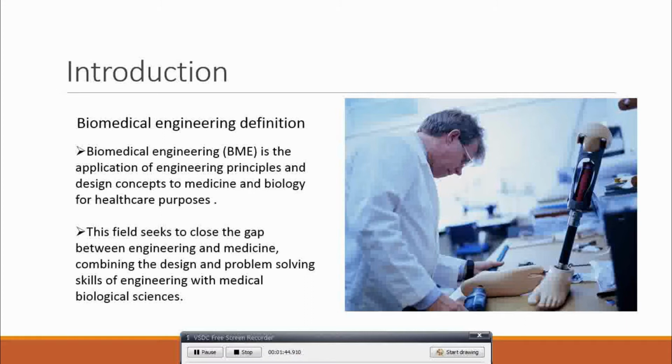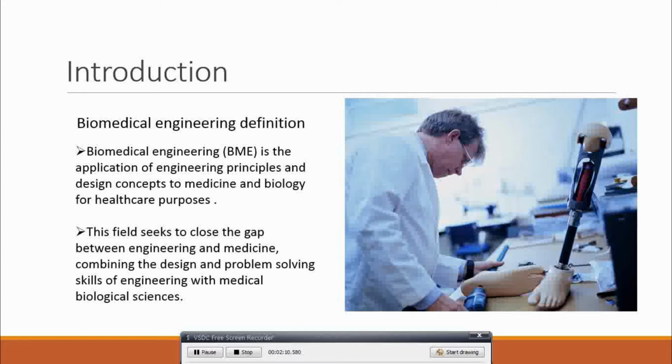So this is where the biomedical knowledge is combined with the engineering field. Then by combining this, you can come up with a design which can solve a particular problem based on the engineering skills and also the knowledge acquired from medical and biological sciences.